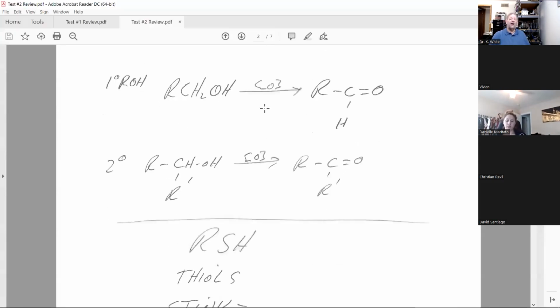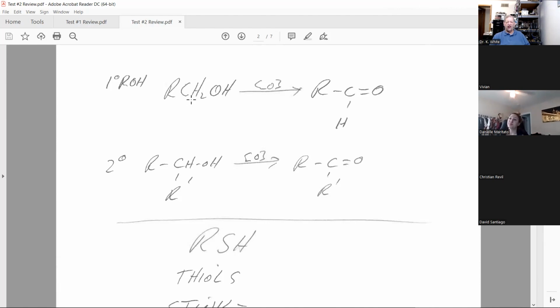Now, I will never ask on a test, but you can have primary, secondary, and tertiary alcohols. If you take a primary alcohol and oxidize it, and use the bracket O close bracket for oxidation, and there are different oxidation reagents you can use, but in my class, I'm not asking you to learn them.